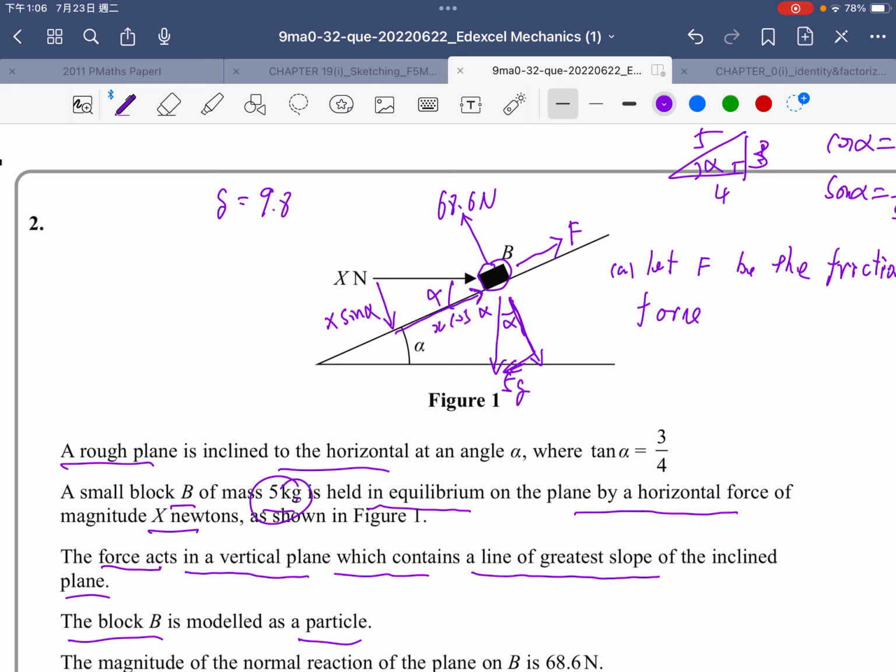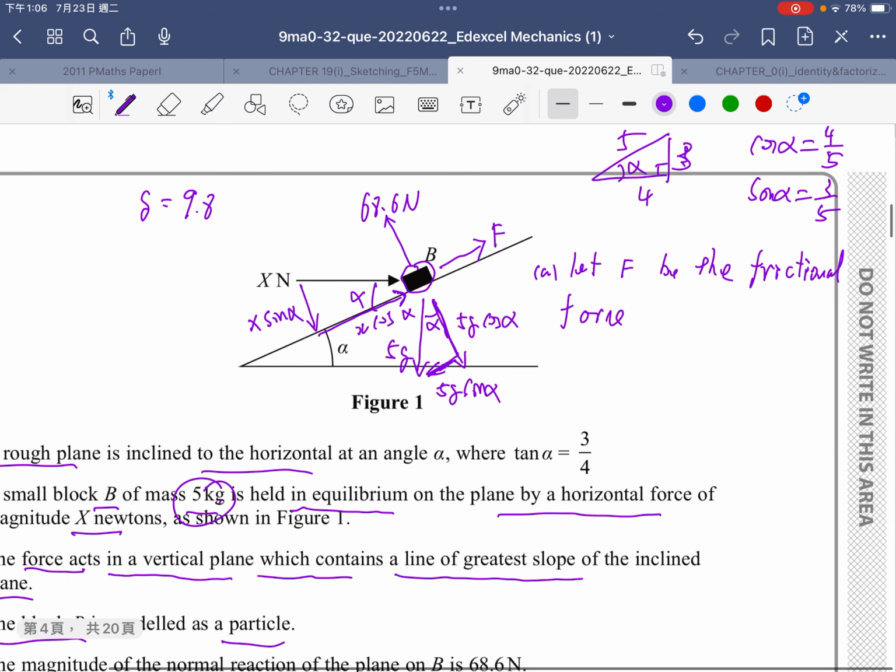Therefore, this direction should be 5g cosine alpha, and this direction is 5g sine alpha. Now we balance the forces along the plane: the friction force plus this one must equal this one. This is equation 1.